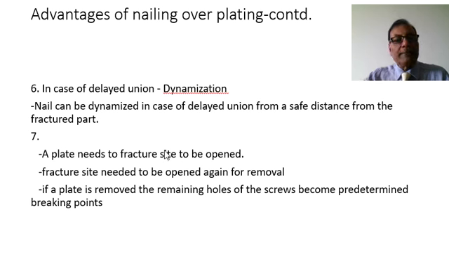So dynamization is you remove two screws from one part of the bone, either distal fragment or the proximal fragment, and allow the patient to have partial weight bearing. That induces osteogenesis at the fracture site.